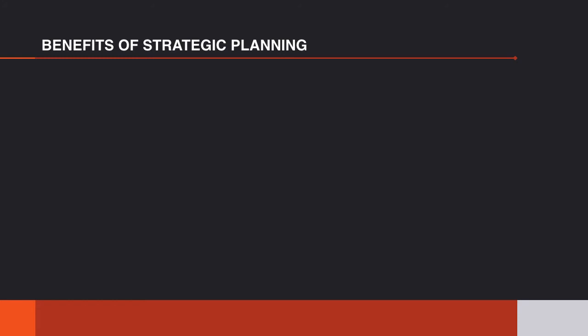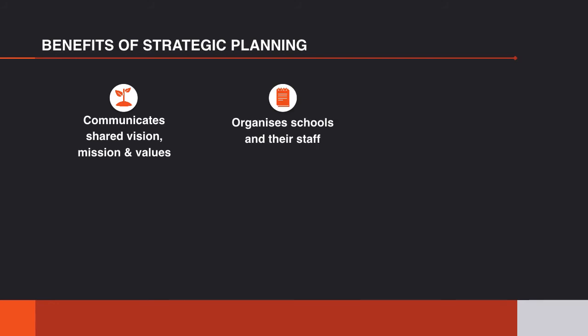So, what are some of the benefits of strategic planning? Firstly, it communicates a shared vision, mission, and values. It helps everyone who is involved in the school to work towards a common vision or goal. Strategic planning also organizes schools and their staff. It helps to utilize all resources and gain the commitment from the staff.